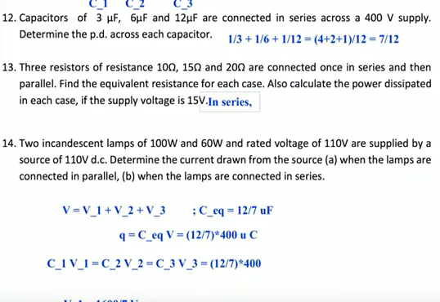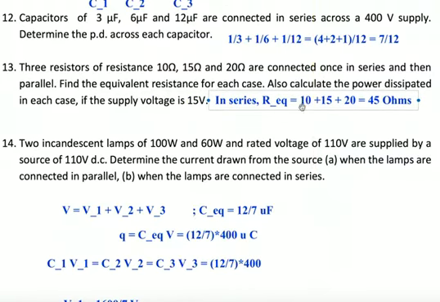In series, the equivalent resistance is 10 plus 15 plus 20, so 45 ohms, that is in series.